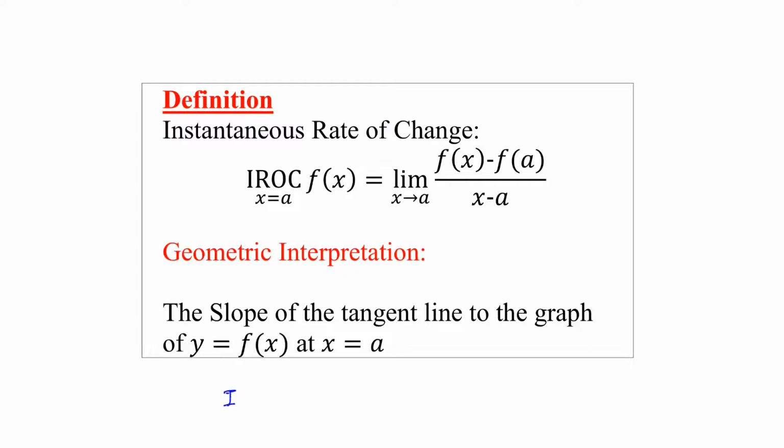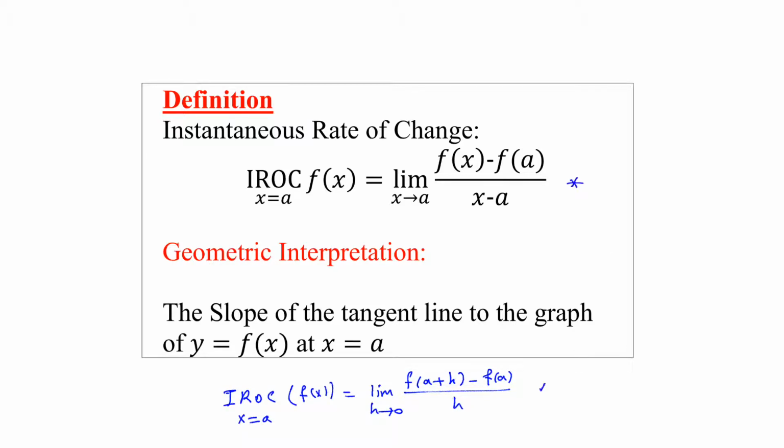This can be defined as follows. IROC of f of x at x equals a is limit of f of a plus h minus f of a divided by h as h approaches 0.